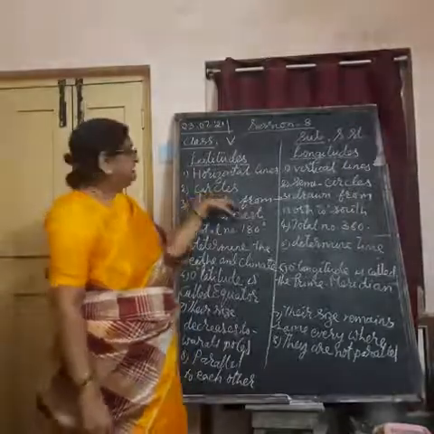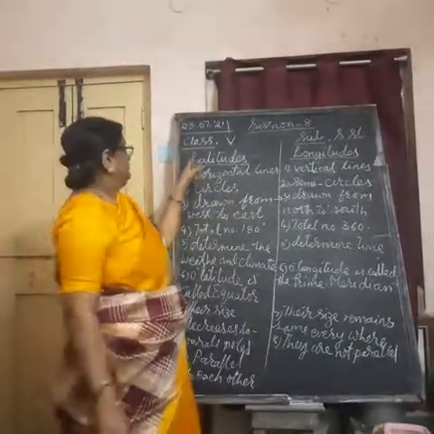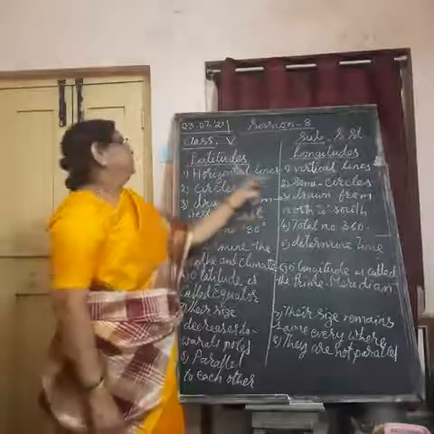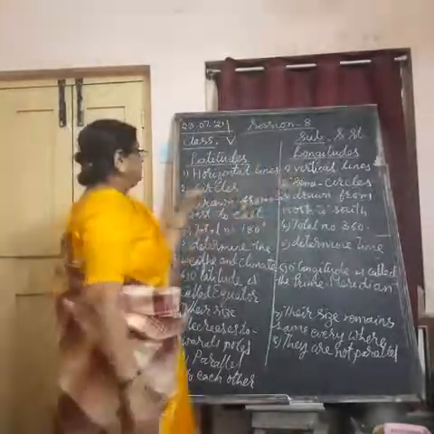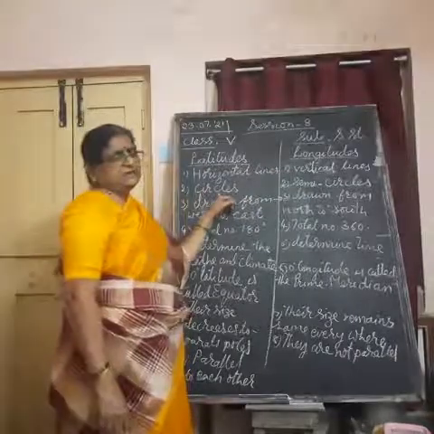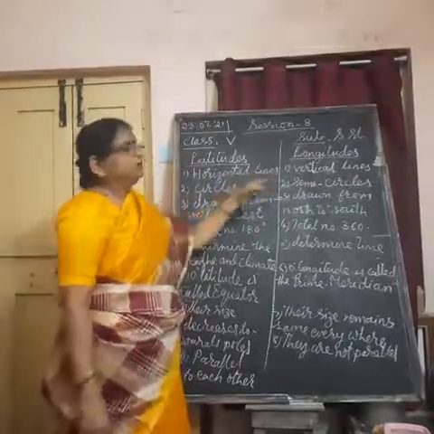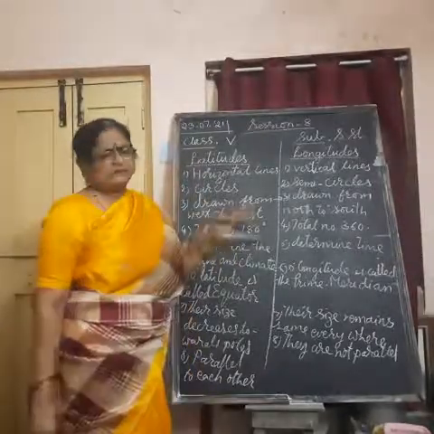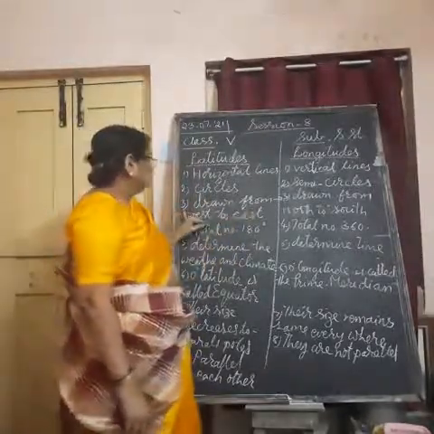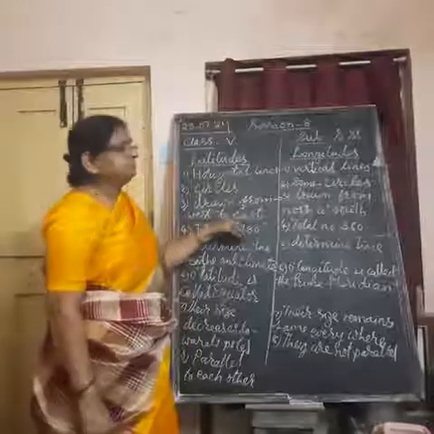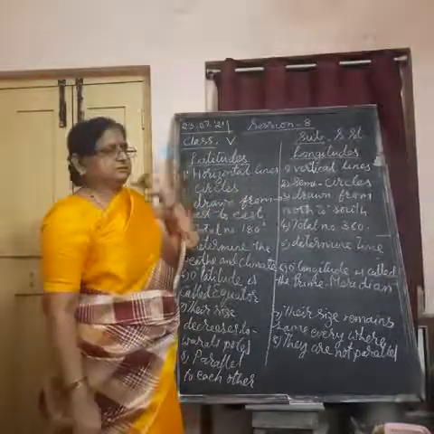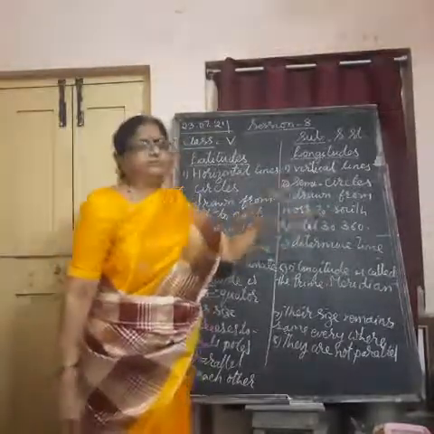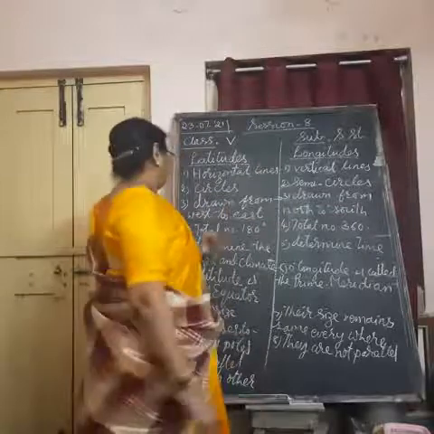Latitudes are complete circles, whereas longitudes are semicircles. Semi means half circle. And latitudes are drawn from west to east, whereas longitudes are drawn from north to south, top to bottom.